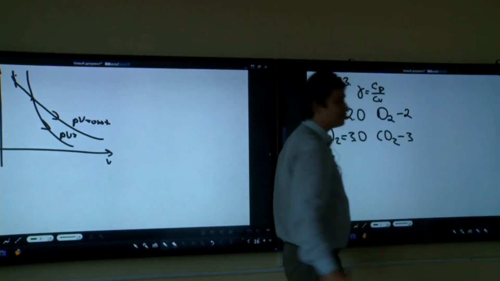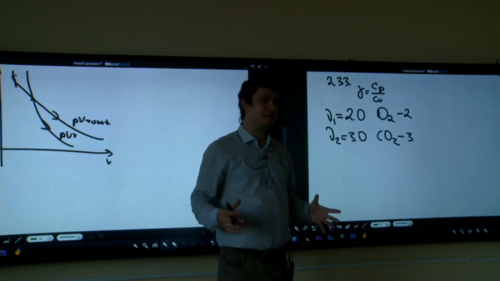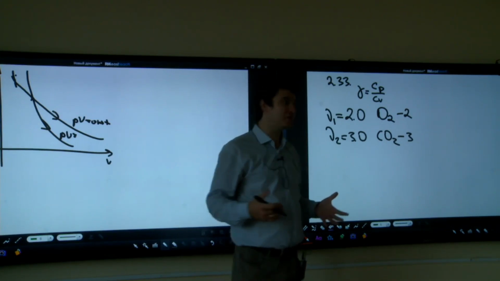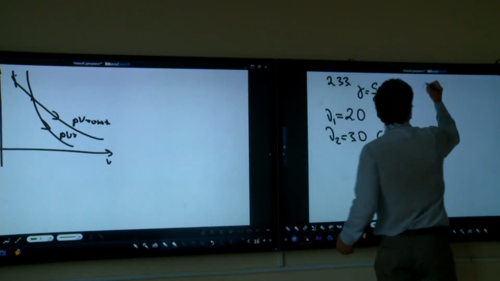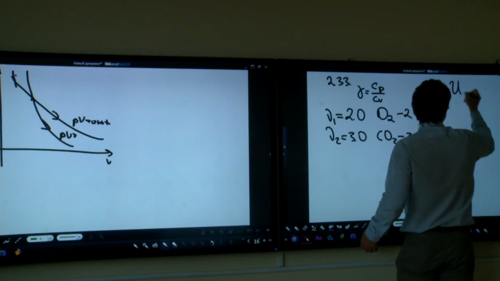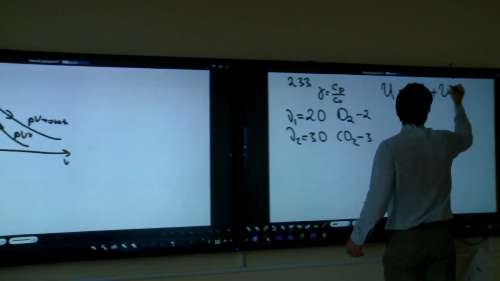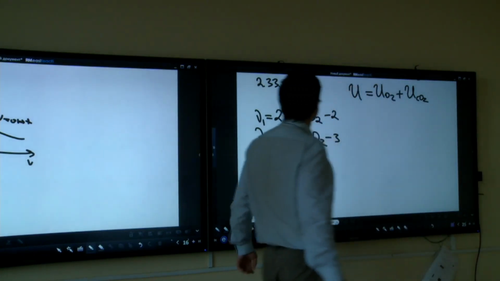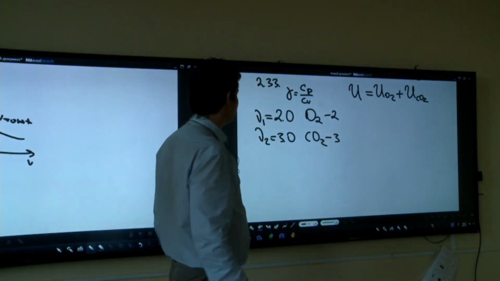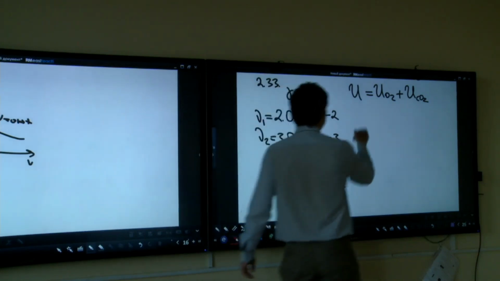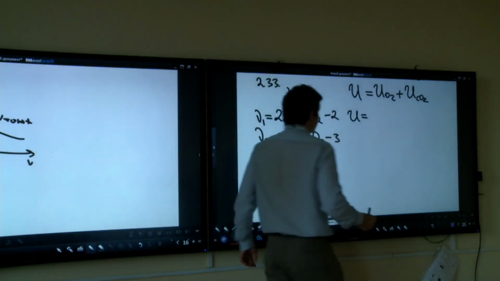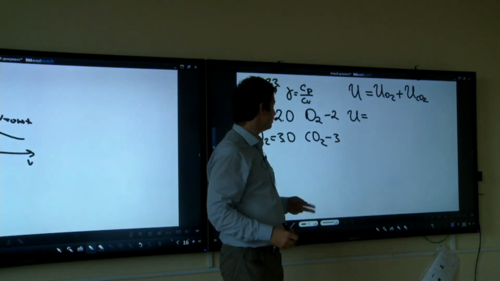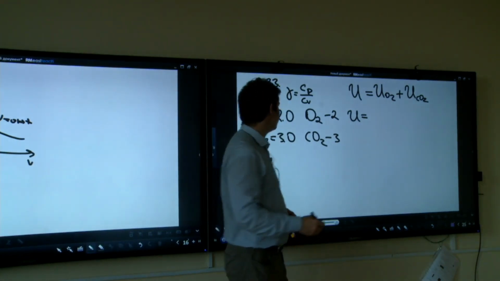Okay, for the internal energy of the mixture of gases, we have an equation similar to Dalton's law. The internal energy of the mixture is the sum of the internal energies of all of the constituents of the mixture. We can use this to determine the molar heat capacity at constant volume.